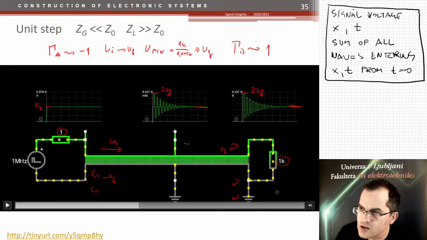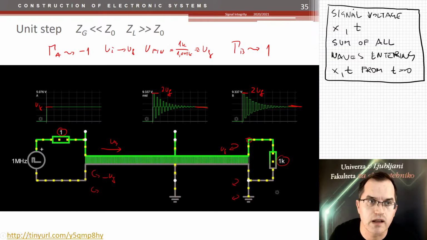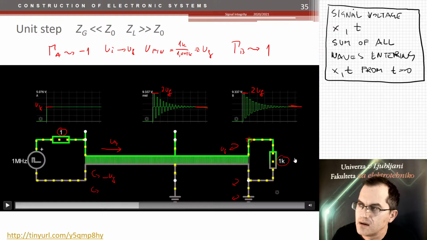Why? Because the generator voltage comes there and reflects back almost the same, so we have twice the generator voltage at this point. But then, because these values are still less than 1 in absolute sense, we actually have less and less reflections until we reach the final value. So you see that this ringing here can cause quite a lot of problems.